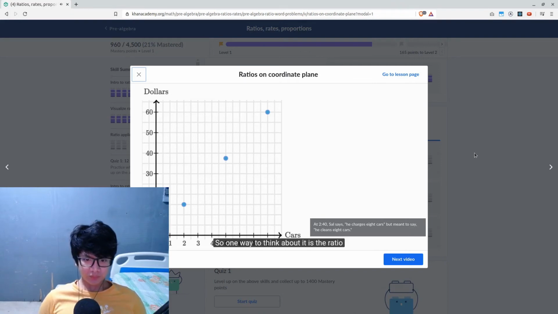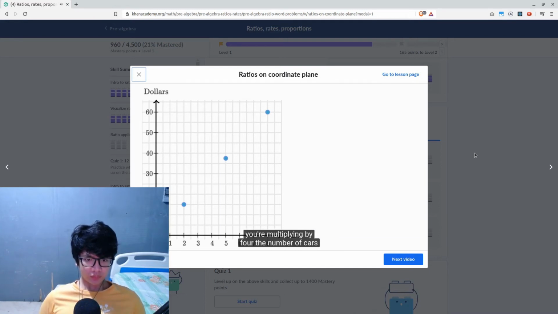So one way to think about it is the ratio between the number of cars he's washing and the dollars stays at 2 to 15. Notice, 2 cars for every $15. Or I guess I could say $15 for every 2 cars. And so when you go to 8 cars, you're multiplying the number of cars by 4, and you're also multiplying the number of dollars by 4.